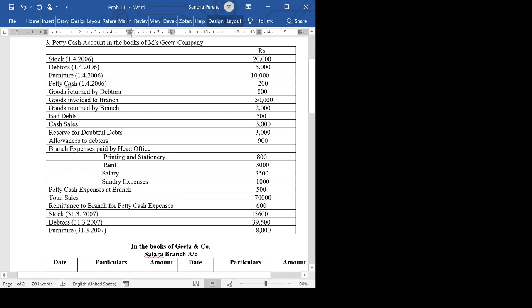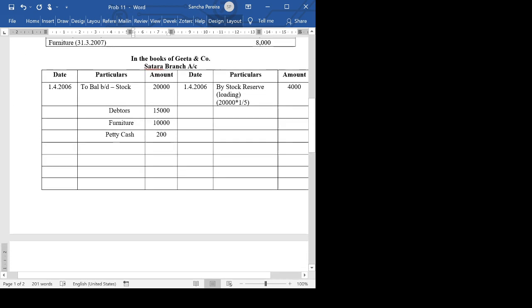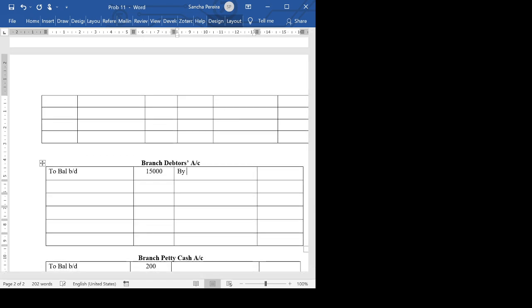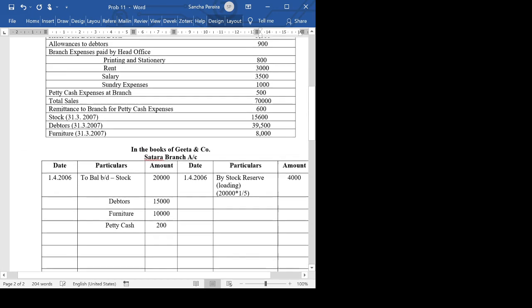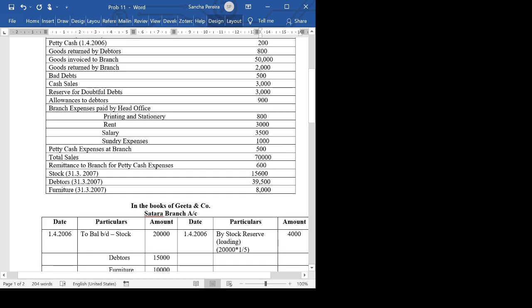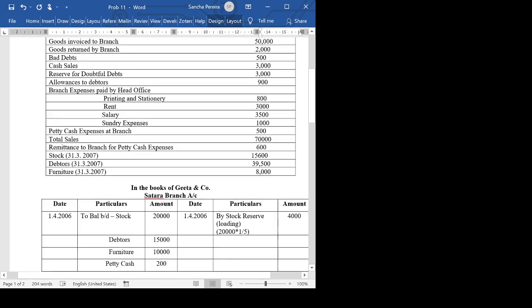Next, goods returned by debtors 800. So by returns in debtors, then we have goods invoiced to branch 50,000.